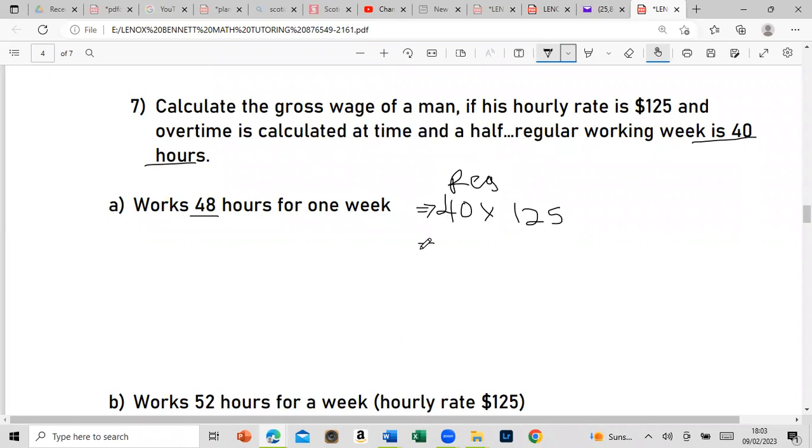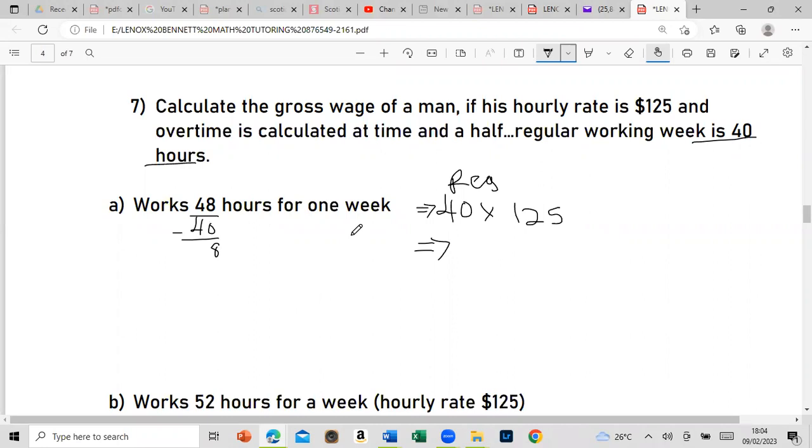All right. So after 40 hours, you work 40 hours regular time. Say you have 48 hours. Out of the 48, you work 40 regular hours, so you can just subtract that to get the overtime.